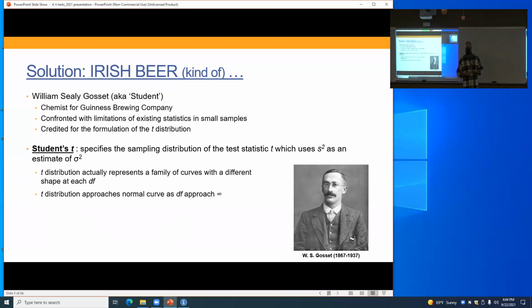Where does that go in my test statistic? It goes into the calculation of my standard error, right? And my standard error is my variance estimate divided by the square root of my sample size. So if I've underestimated the population variance, Teresa, what does that do to my standard error? It gets smaller. Then my standard error goes in the denominator of my test statistic. What does that do to my test statistic?